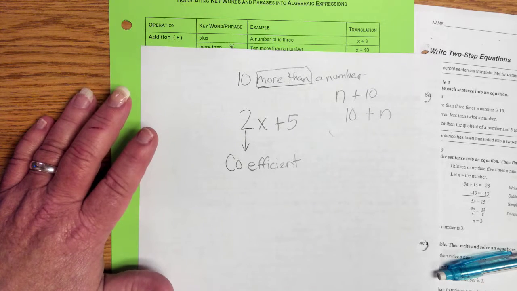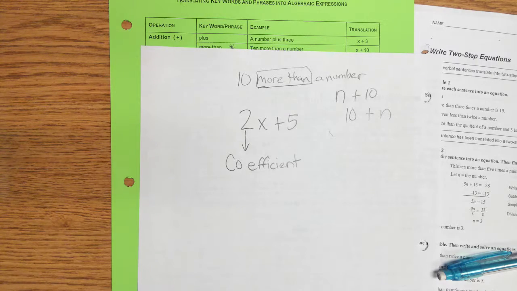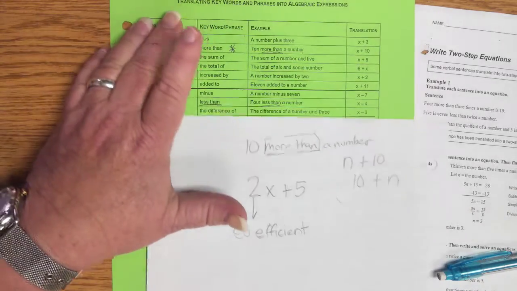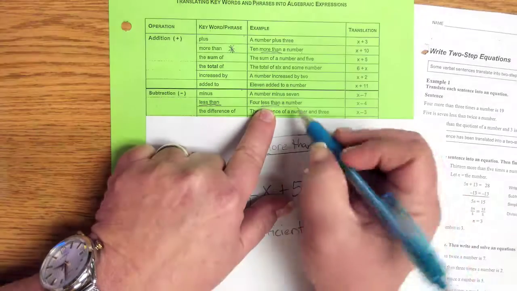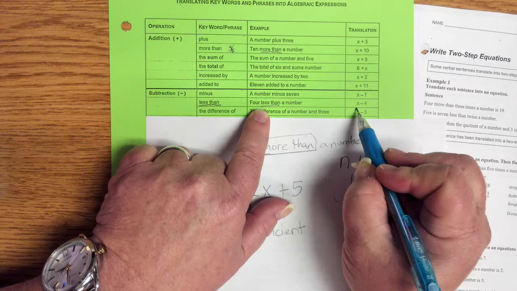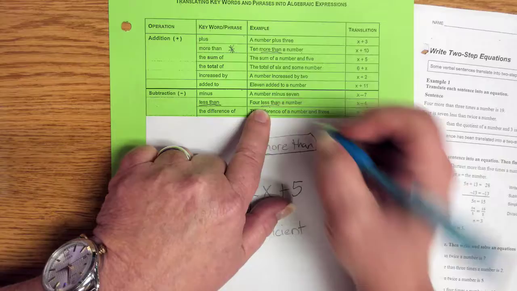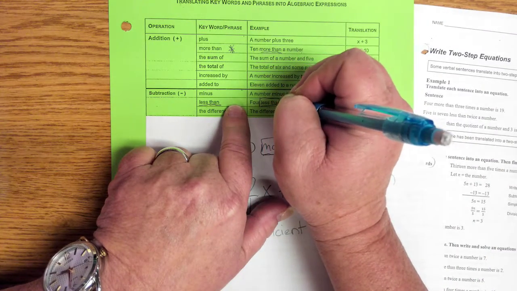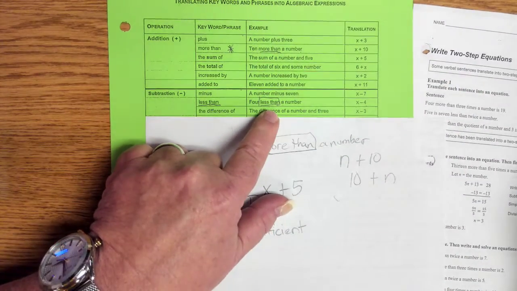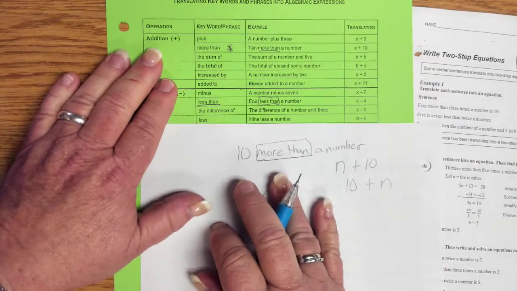If I told you 2 less 3, what would be your answer now? Negative 1. Do you see the difference? So when you see that less than, if you were to give me that number before, it would make the variable negative, not the constant. It's very important that when it says less than, the constant is coming after the variable.